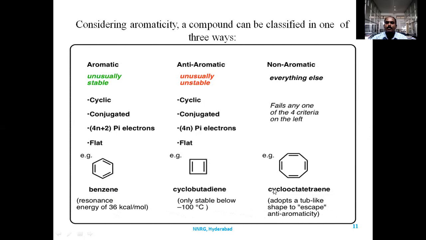And cyclooctatetraene, though it is cyclic and completely conjugated, is not planar, because the stable molecule of octatetraene is tub-like, and it escapes from anti-aromaticity, and it is non-aromatic. Why is it non-aromatic? Because it is not a planar structure. Though it is cyclic, though it has complete conjugation, and it has 8 electrons, it is not planar, so it is non-aromatic in nature.